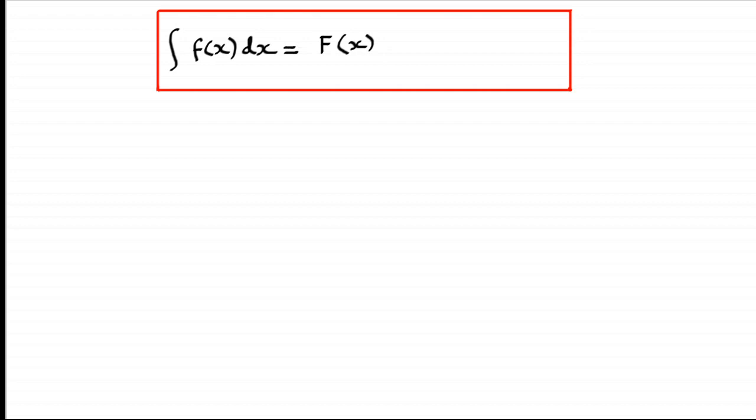But what I want to look at now is what happens if we put what we call limits on the integral. These are generally numbers. I'm going to put them as a and b here. When you have these numbers, we call this definite integration. We take our answer from before and put it in square brackets, with our limits a at the bottom and b at the top.